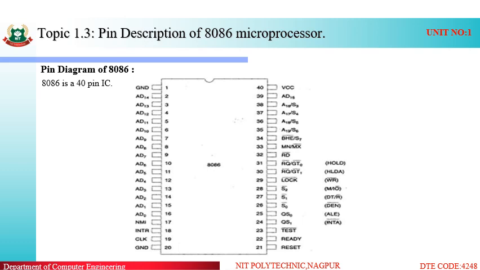Now as you can see on the pin diagram, some of the pins are multiplexed. Multiplex means each pin is performing dual function. For example, AD0 to AD14 or RQ/GT. So this combination is used to reduce the number of pins.